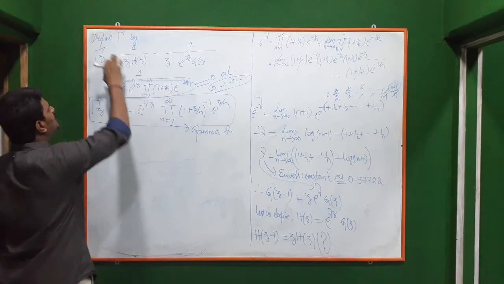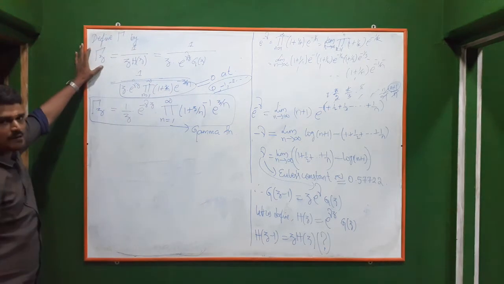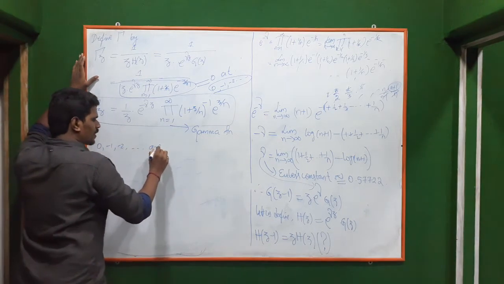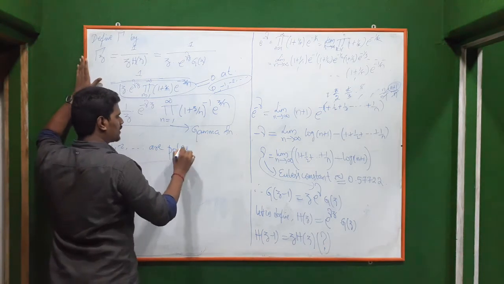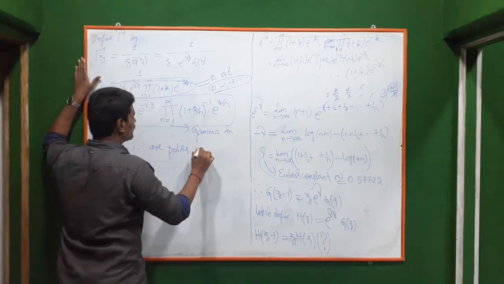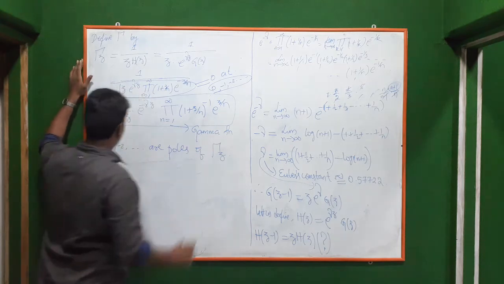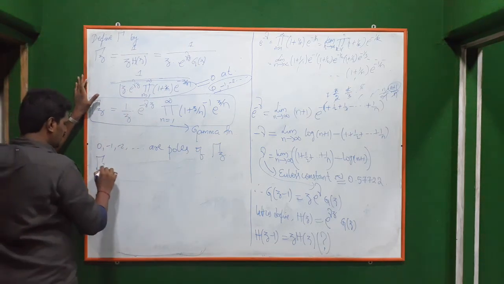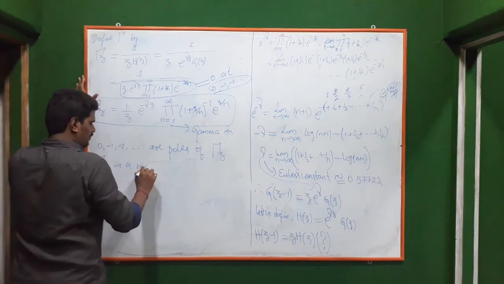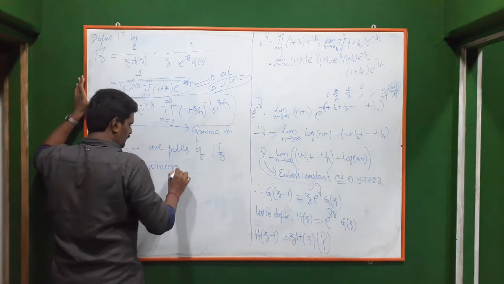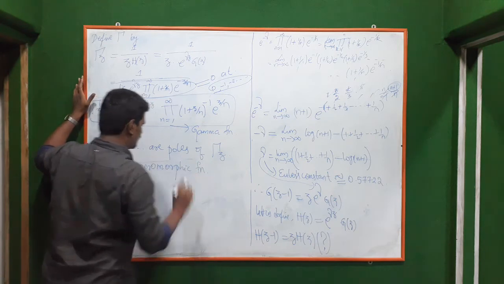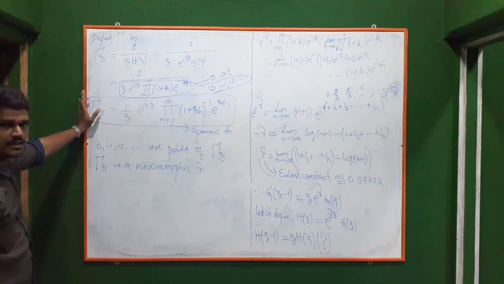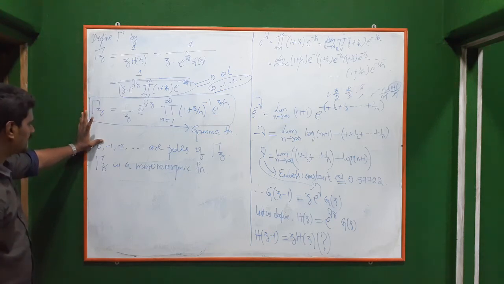Zeros of this denominator means for this gamma z, 0, minus 1, minus 2 are poles of this function gamma of z. So only singularities are poles, so gamma of z is a meromorphic function, with only poles 0, minus 1, minus 2 and so on, 0 with all the negative integers.